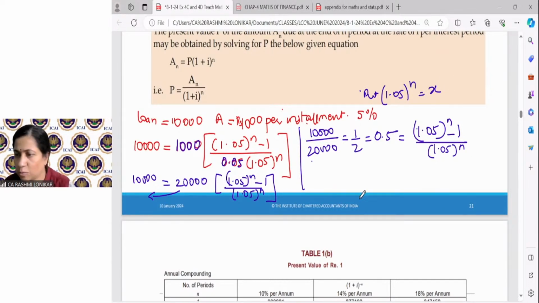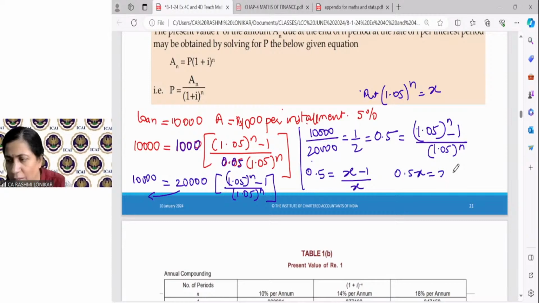I'm showing you the simpler method. 0.5 will be equal to x minus 1 upon x. Very simple. Cross multiply. What do I have? 0.5x is equal to x minus 1. I take this 0.5x here and the minus 1 there. So this becomes x minus 0.5x is equal to 1.